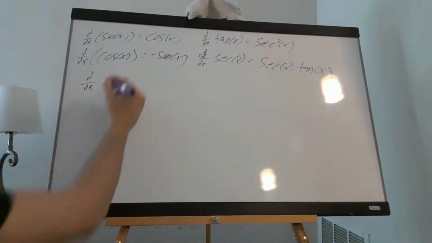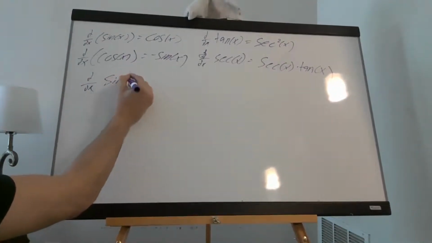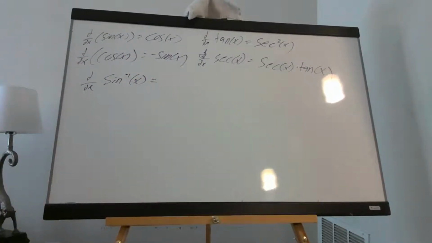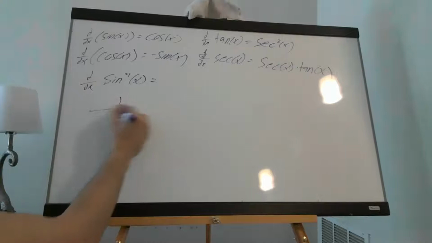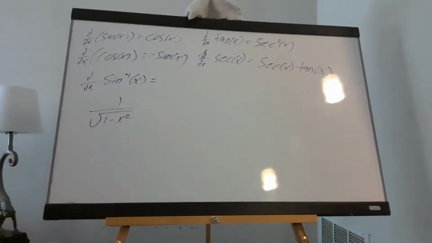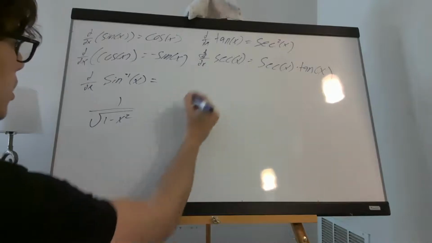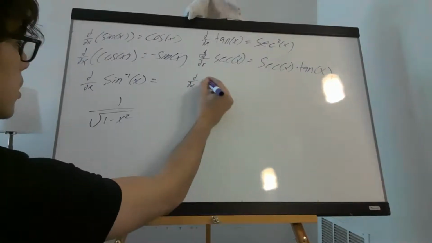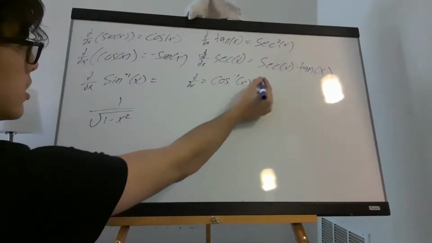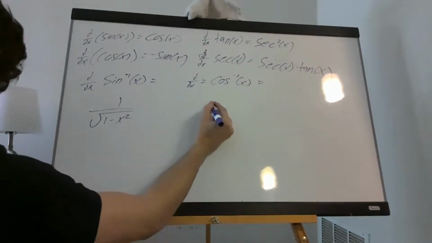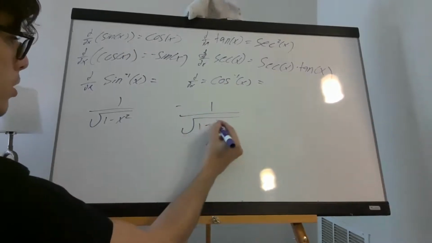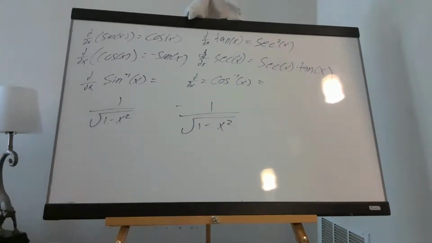The derivative of sine inverse of x is equivalent to 1 over the square root of 1 minus x squared. The derivative of inverse cosine of x is equal to negative 1 over the square root of 1 minus x squared.